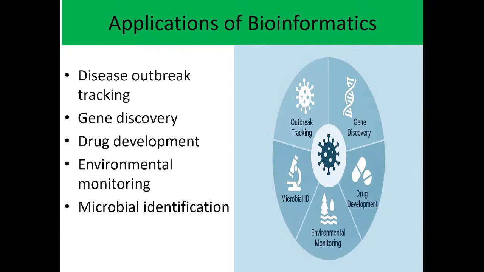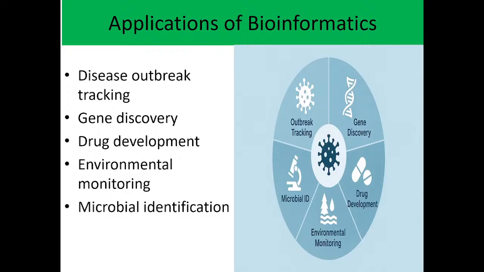Apart from that, it is also used by the environmental biologists. What do they use it for? For environmental monitoring. Under normal circumstances, environmental biologists use their knowledge of bioinformatics to predict the weather, so that they will know when to plant, when there's going to be infection of pests, including planning for application of fertilizer and some others.